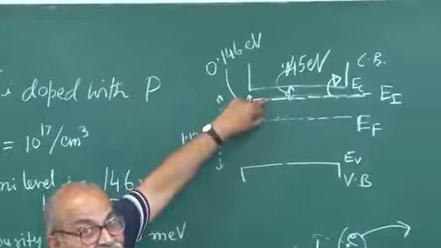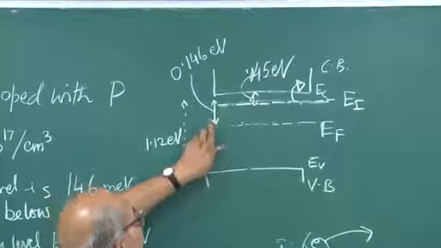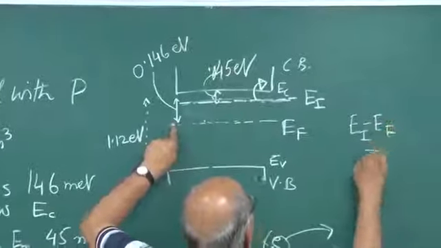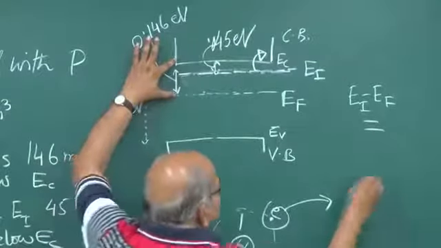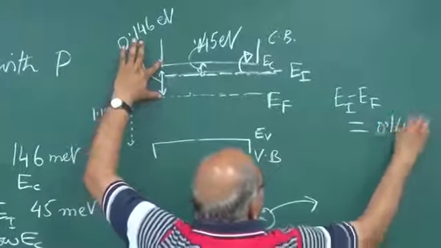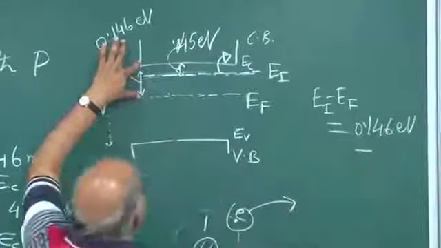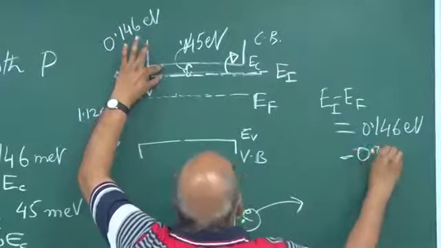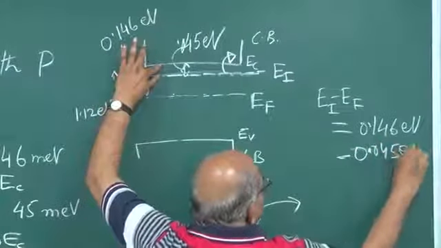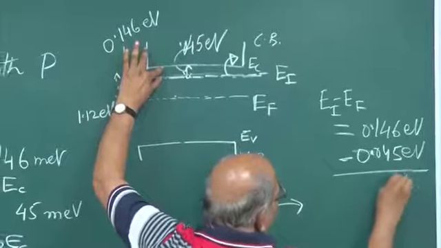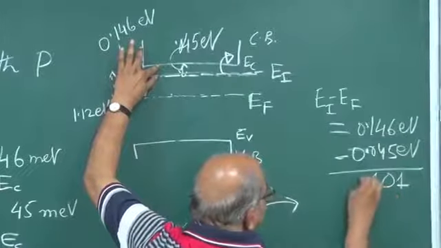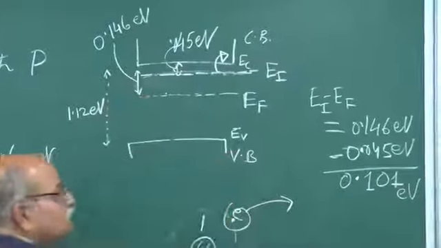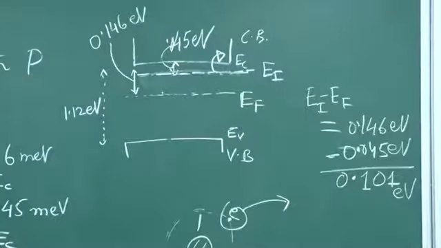What is EI minus EF? It will be 0.146 eV minus 0.045 eV, which is 0.101 eV or 101 milli electron volts.